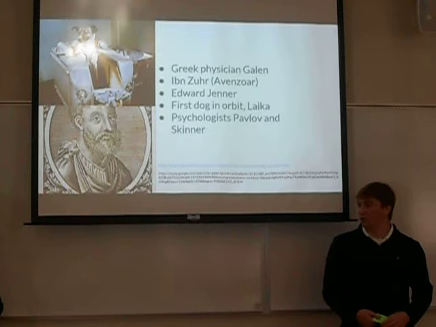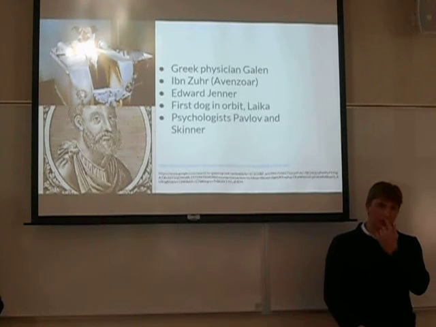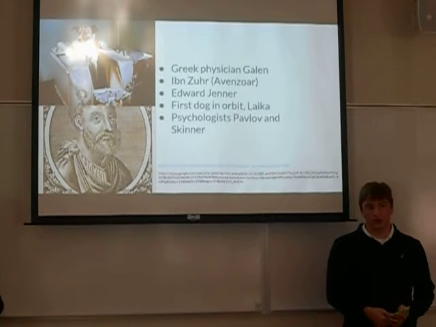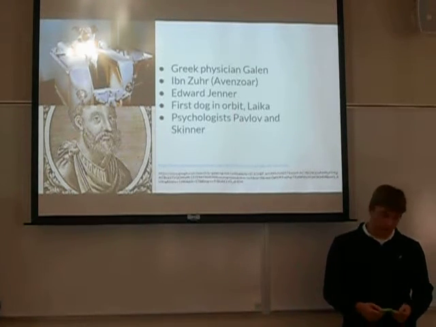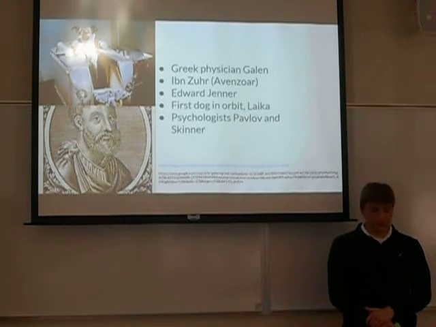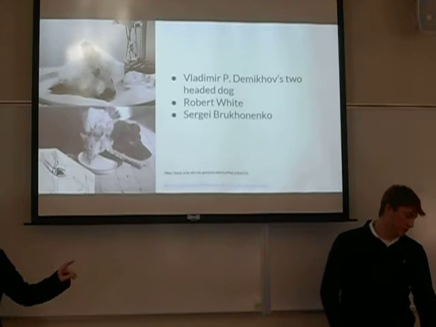They sent the first dog in orbit, and his name was Laika. They also used animal testing to find different functions of the brain. For example, Pavlov used dogs in his classical conditioning experiments, while Skinner used rats in his operant conditioning experiments.